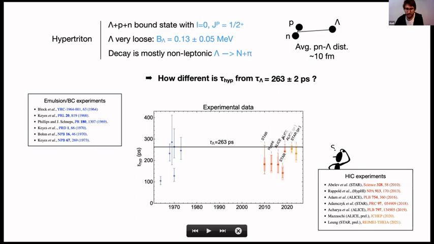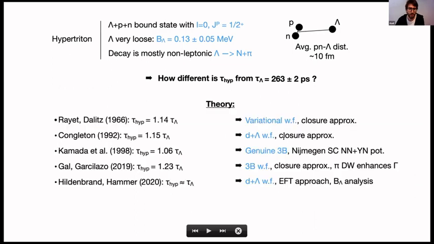Meanwhile, we have a lot of work on the theory side too. A lot has been done, already starting since the first experiments in the 60s. Part of this has already been introduced before. I will emphasize that the only genuine three-body microscopic calculation is that of Kamada and the Jülich group in the late 90s.